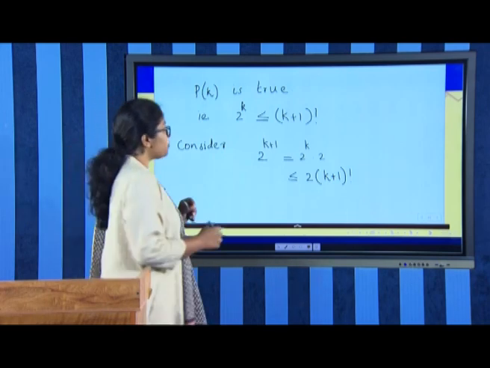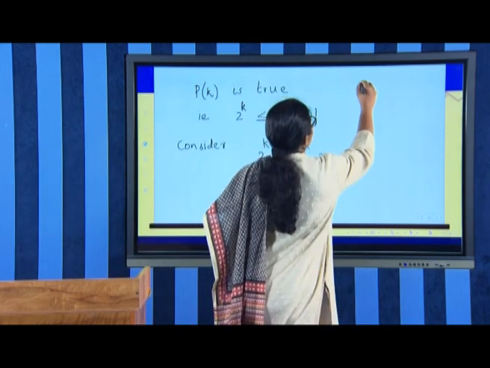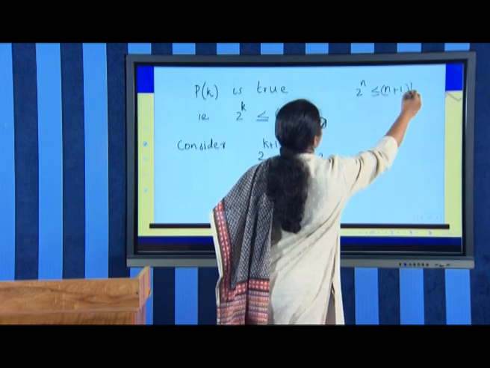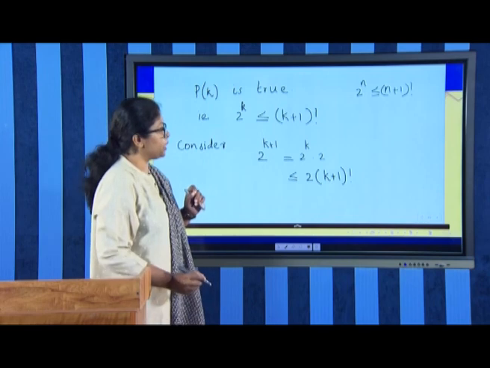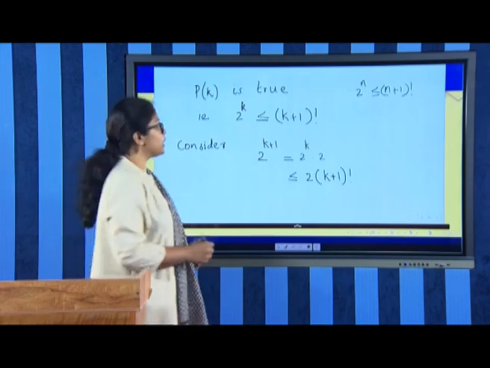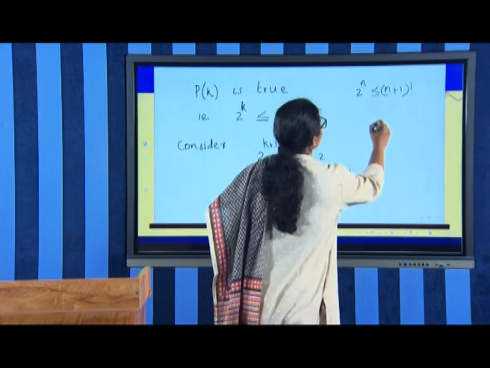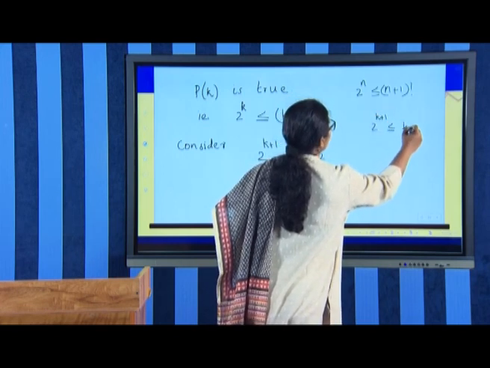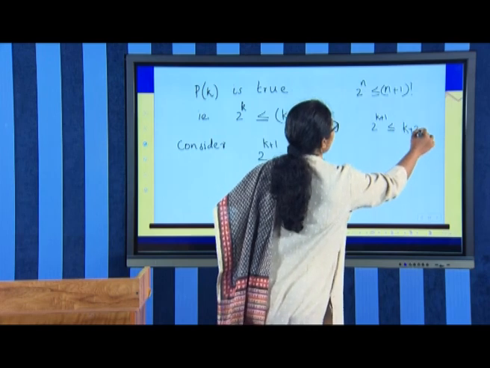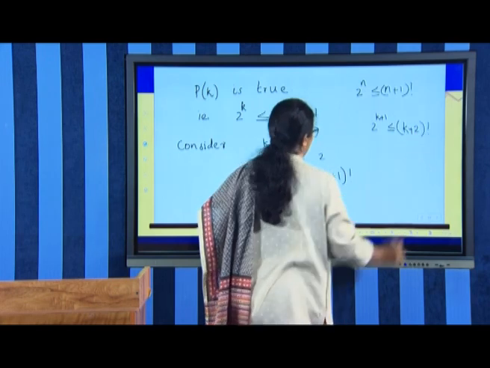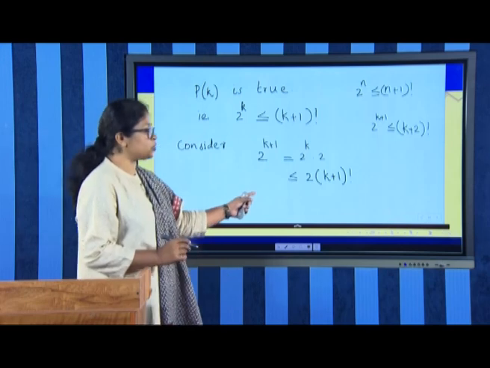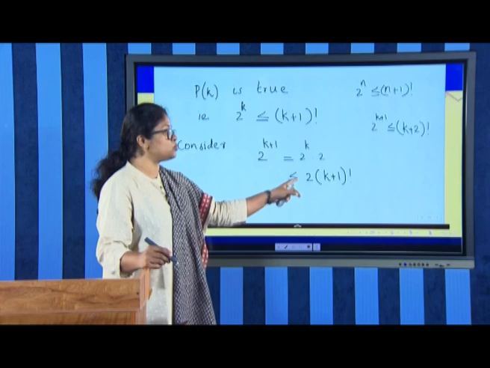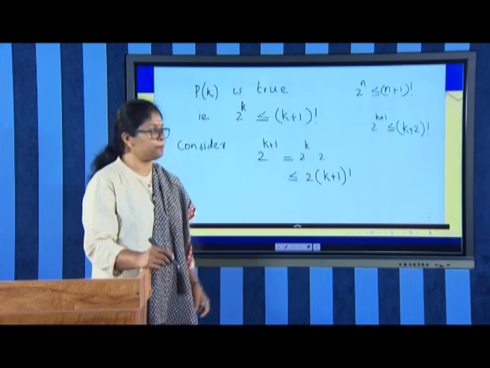But remember that our problem was 2 power n is less than or equal to n plus 1 factorial for every natural number n. So, what we intend to prove in this case is the result that we require is 2 power k plus 1 is less than or equal to k plus 1 plus 1, that means k plus 2 factorial. But now we have reached at a stage where 2 power k plus 1 is less than or equal to 2 into k plus 1 factorial.